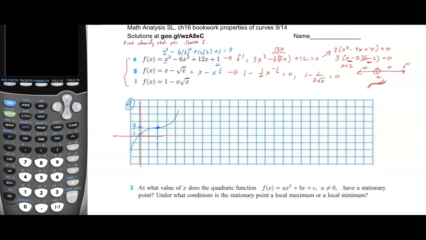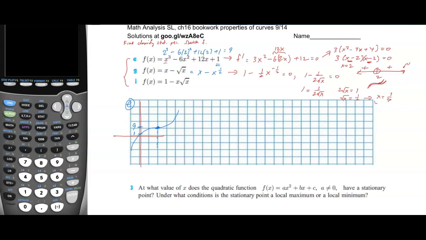We can rearrange this a little bit by adding 1 over 2 square root of x to both sides, and then we'll get 1 equals 1 over 2 square root of x. And then we could cross multiply, and we'll have 2 square root of x equals 1. Then we could divide both sides by 2, and so we'll have square root of x equals 1/2. And then we could square both sides, and we'll find that x is equal to 1/4.